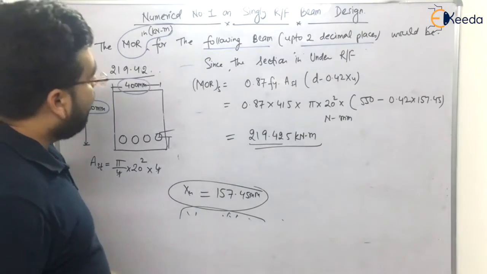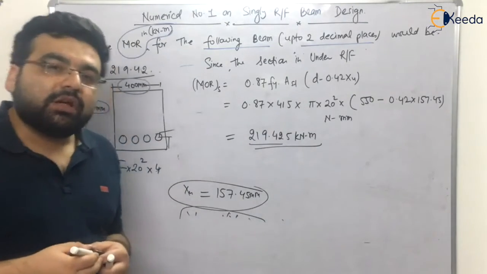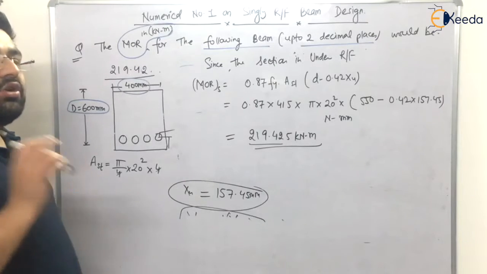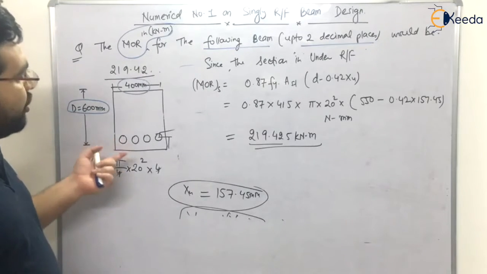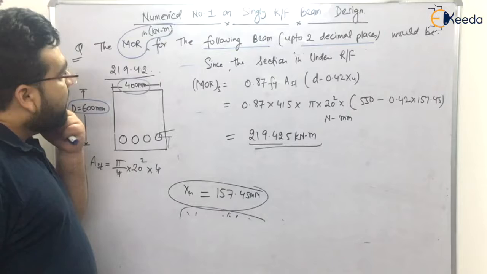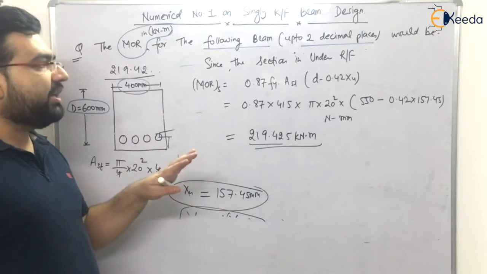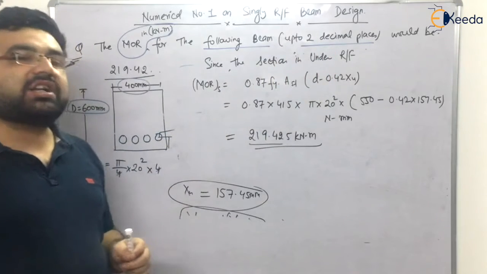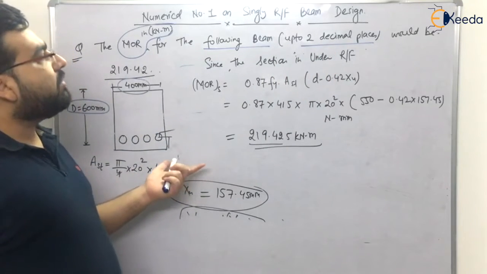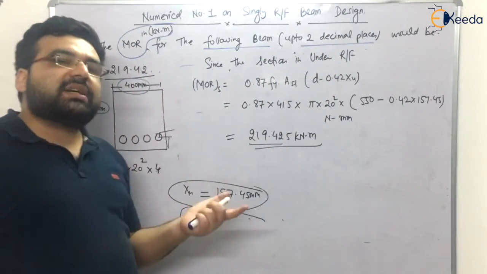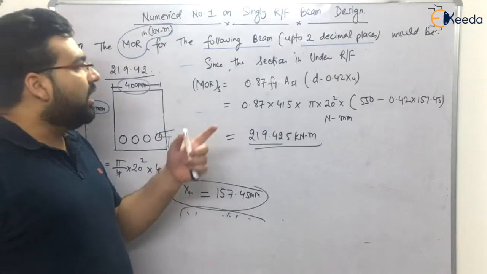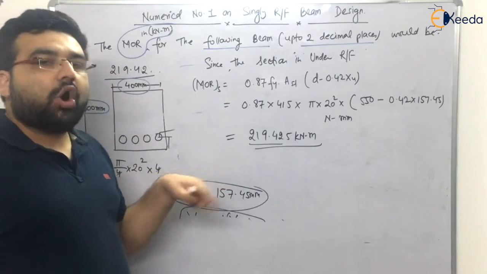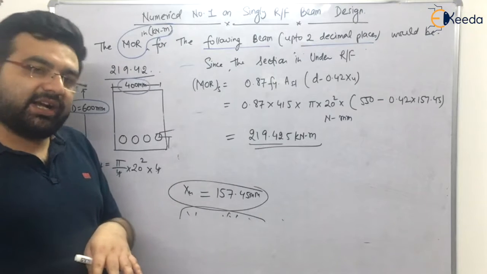Right? I hope that you have understood the concept. So in this question, there were two concepts. First of all, you need to determine whether the section is balanced, under reinforced, or over reinforced. So we came up with the conclusion that it was an under reinforced section. After that, the concept is whether you have to apply the moment of resistance formula for steel or for concrete or for something else, right?